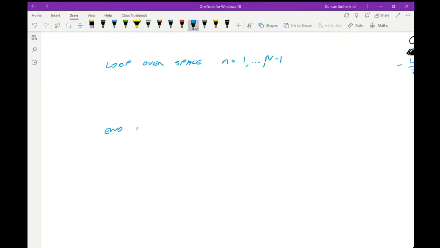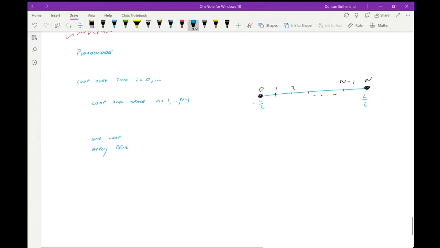End loop, apply boundary conditions, right? Because they're just things like u at x0, t whatever k, let's say we're at the kth step, that's just equal to, say, 0 for now.